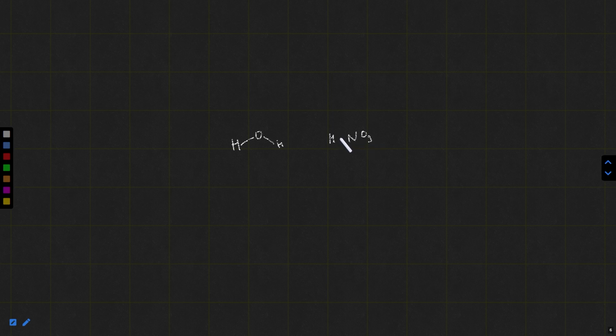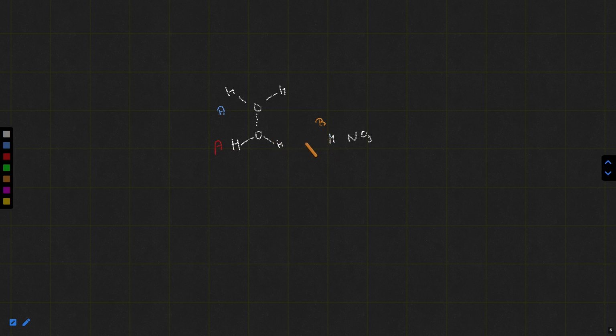Initially we were having interaction between H2O molecules only, A, which will be termed the A interaction. Suppose this is A and this is A. Now we have introduced a third party, which is B. Suppose this is a B.